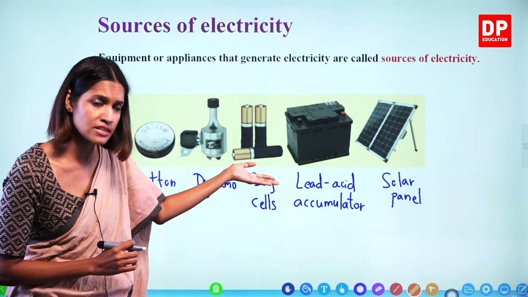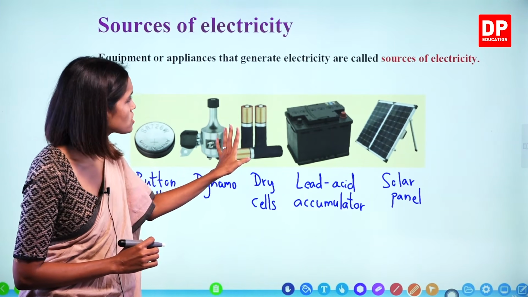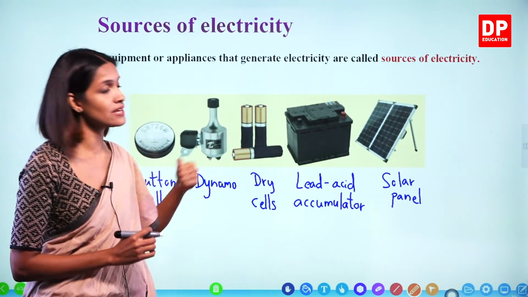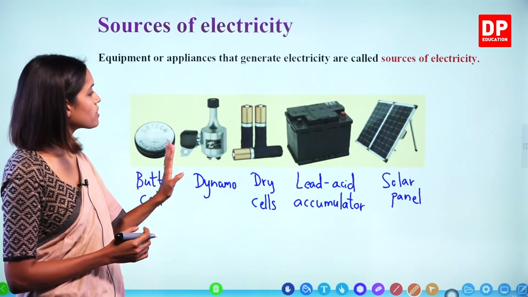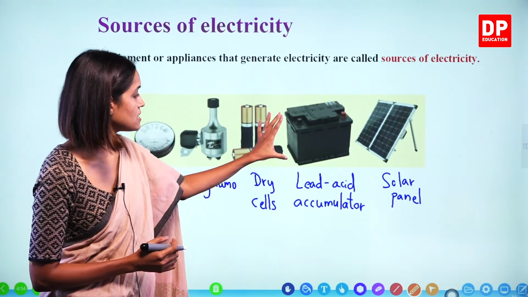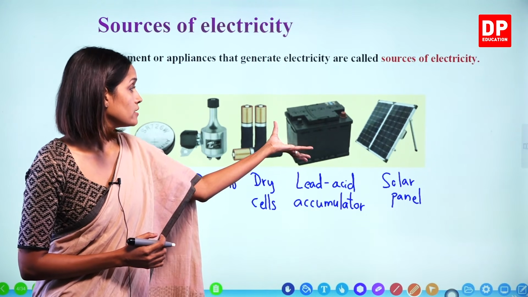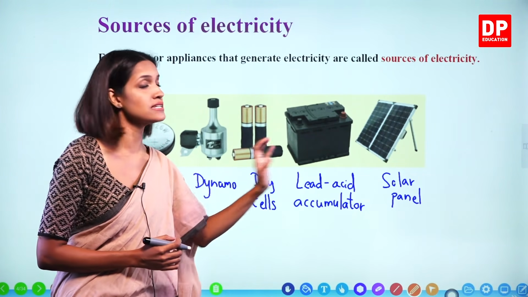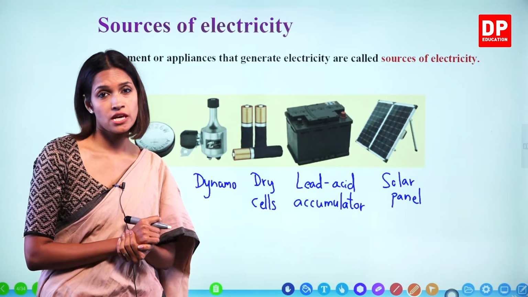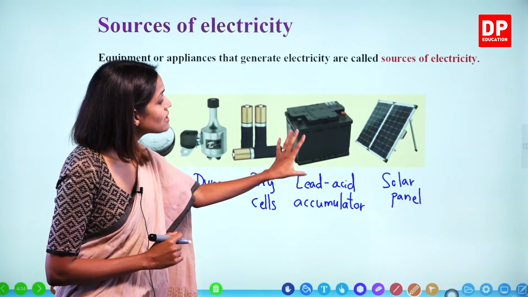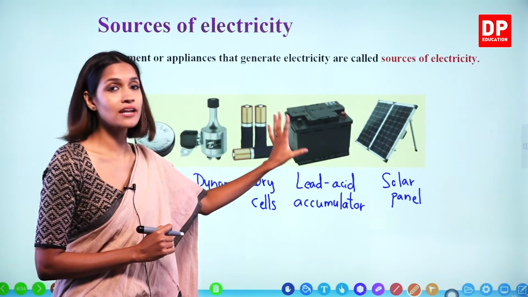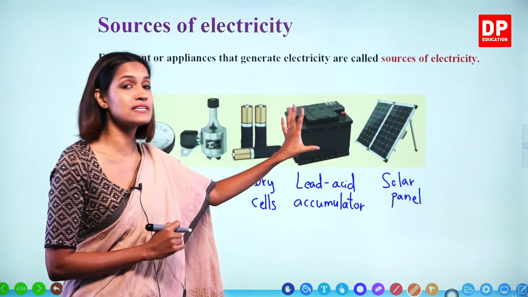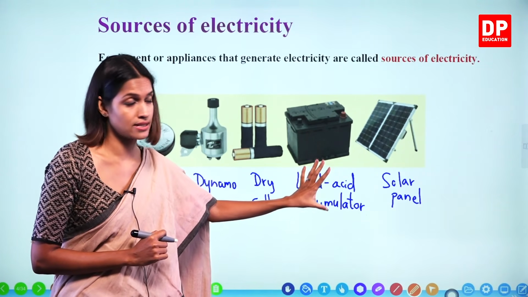sources of electricity. If you look at these sources of electricity carefully, there are different methods that they generate electricity. For example, this lead acid accumulator has metal called lead and sulfuric acid. Lead and acid are chemical substances. So due to a chemical reaction, this battery, lead acid accumulator is a type of battery, right?